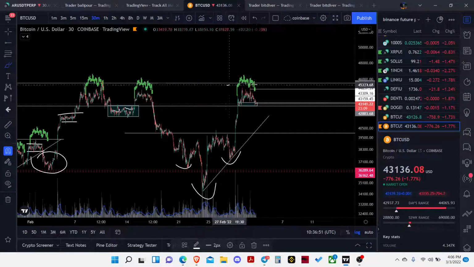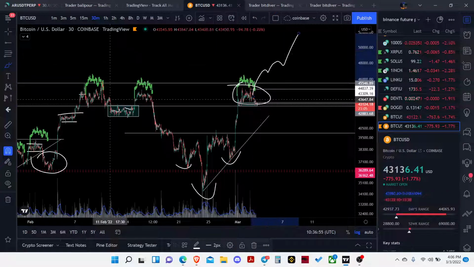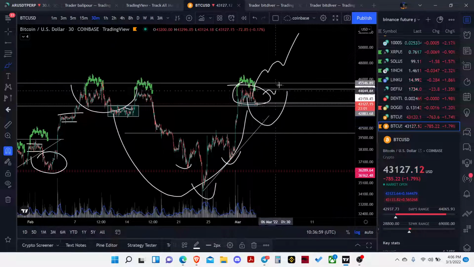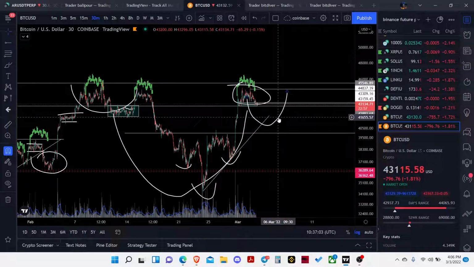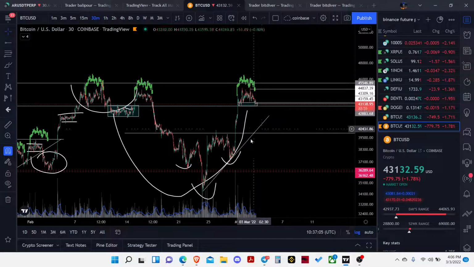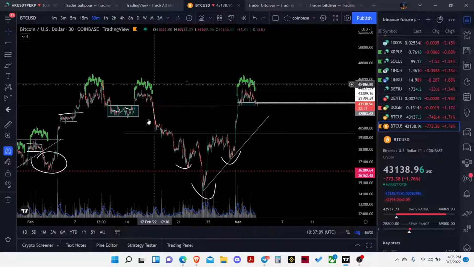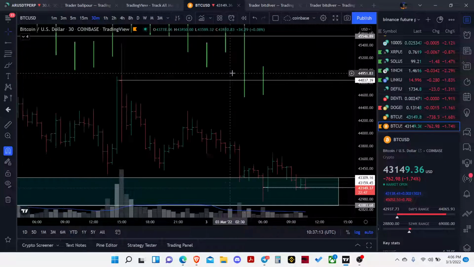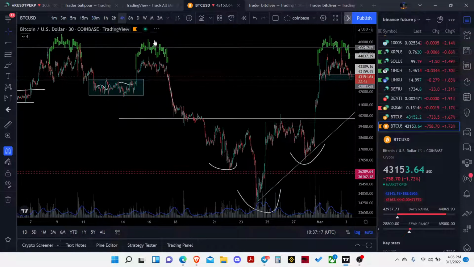This thing creates a range here and then comes back. Then it could be another big head and shoulders here. Yeah, we can literally draw the patterns like this. There are no such rules. It's all based off the ranges and the value areas, that kind of stuff. So that is it. That is for today's market update.